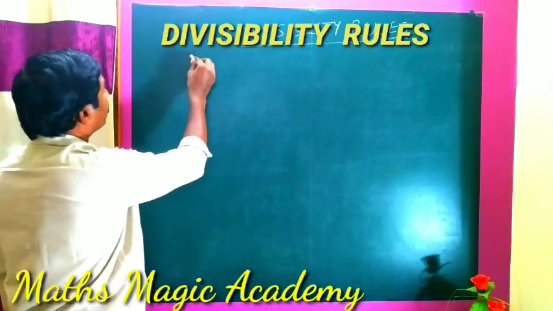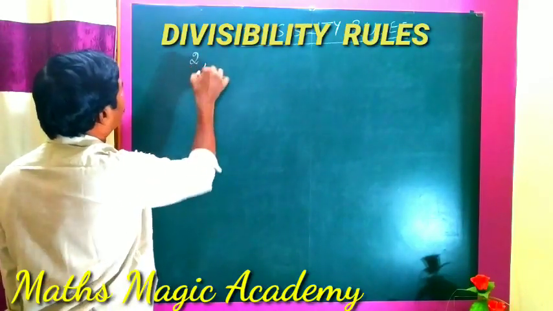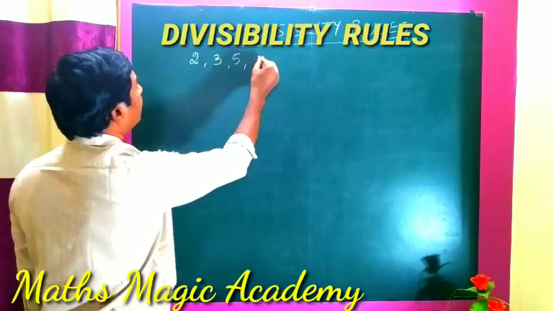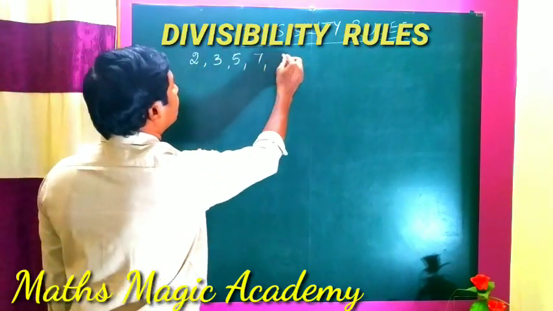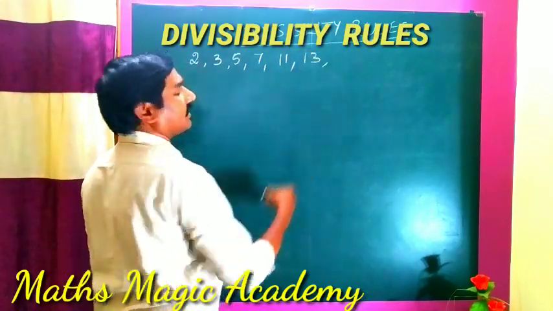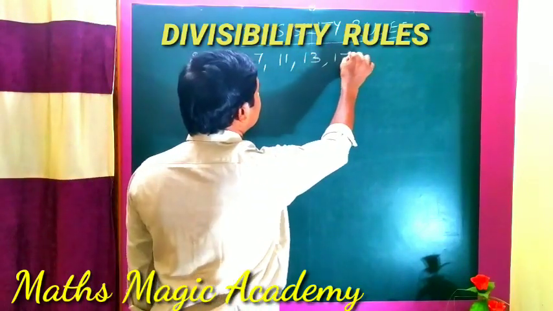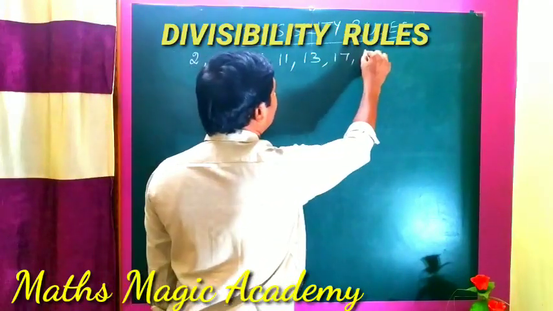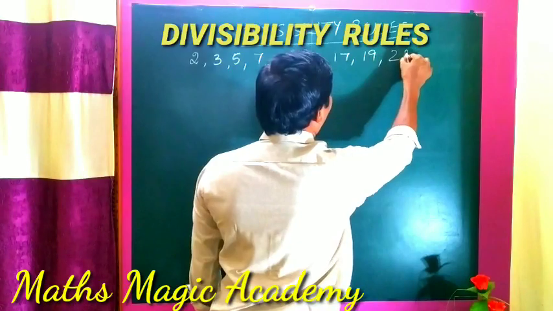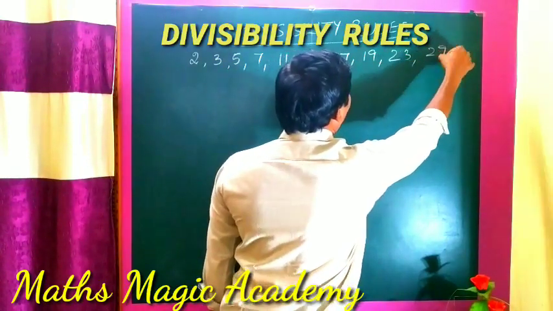Do you know? The prime numbers are 2, 3, 5, 7, 11, 13, 17, 19, 23, 29.